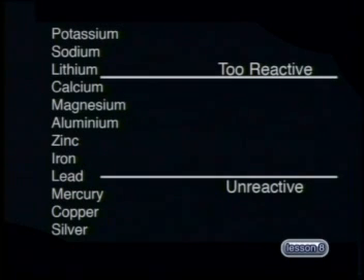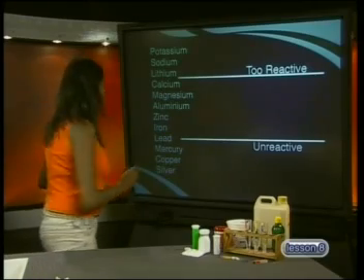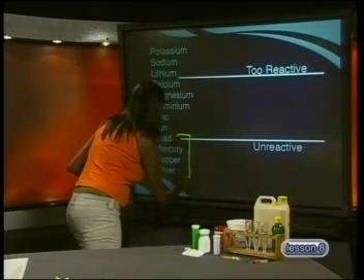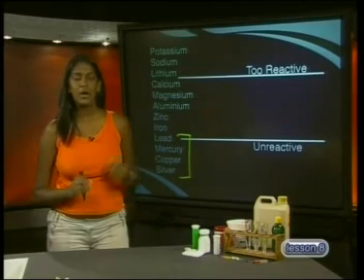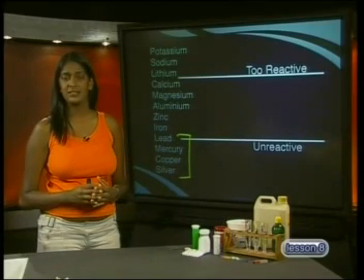Potassium, sodium, and lithium are very reactive metals. The reaction of an acid with these metals is not suitable to prepare salts of these metals. Lead, mercury, copper, and silver are all fairly unreactive metals.